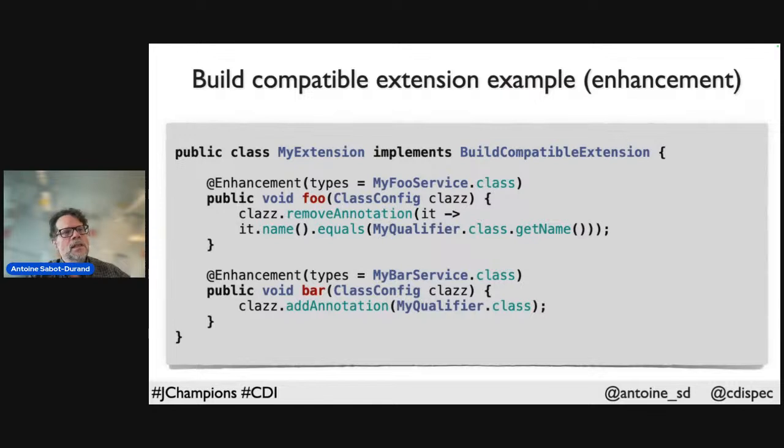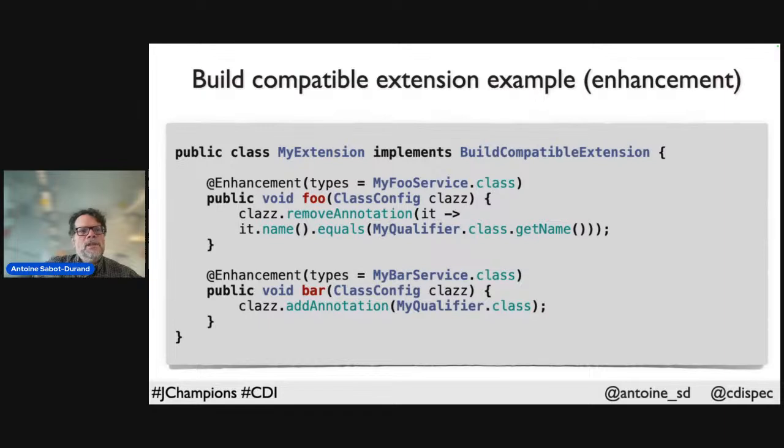So you can see we are creating an extension by implementing the build-compatible extension interface. It's only a way to activate the service loader mechanism. And we have a first @Enhancement annotation. We can restrict it to work on a given set of types. Here there is only one type, myFooService.